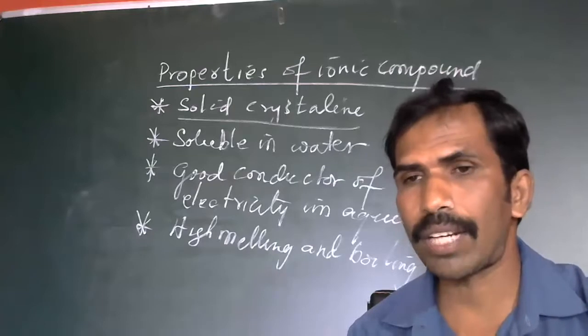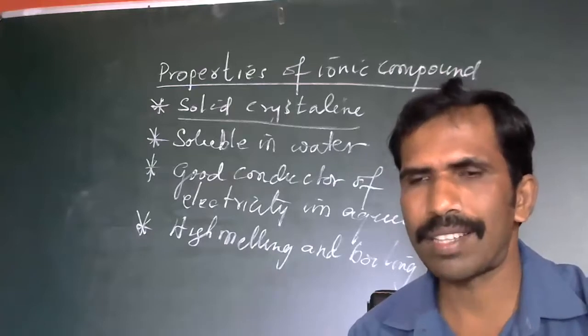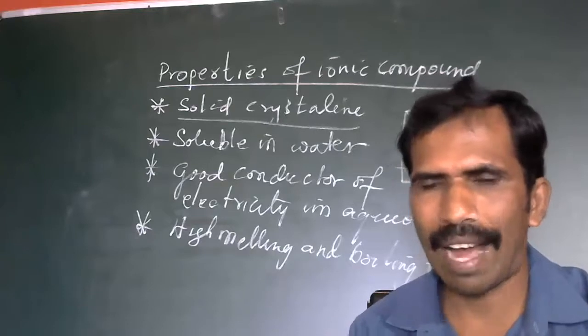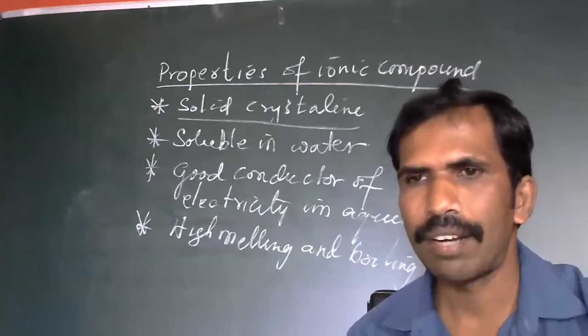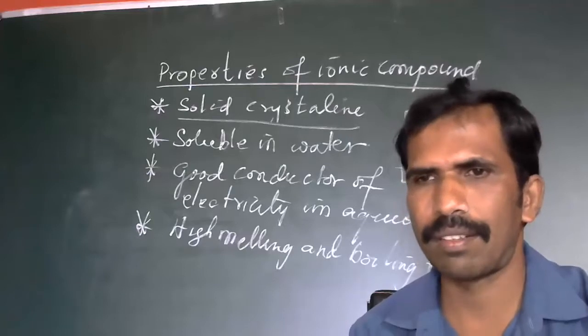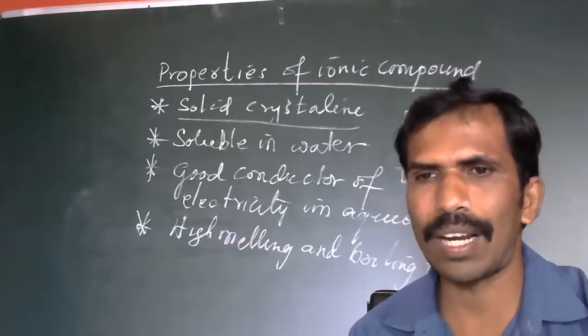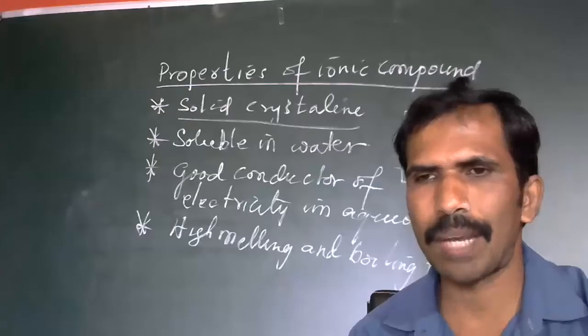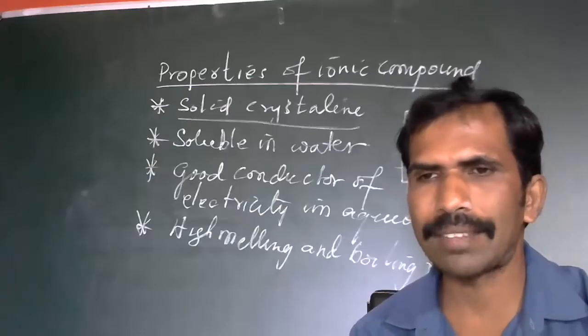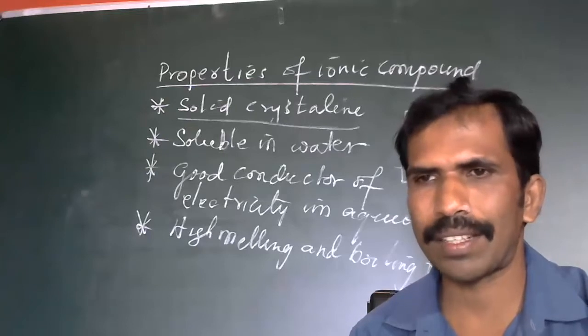There is a weak van der Waals force between the layers of graphite. That's why free electrons are produced in graphite, called delocalized electrons. These delocalized electrons make graphite a good conductor of electricity.